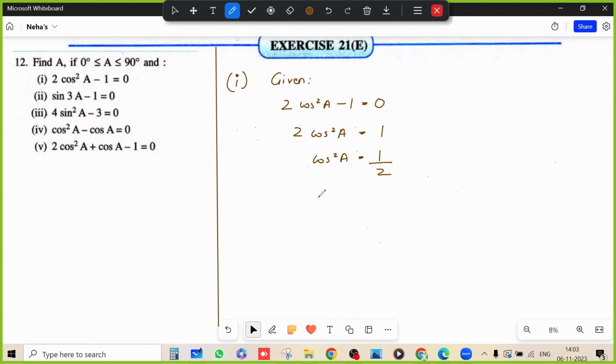We'll take the square root of both the sides. This will become cos a is equal to 1 by root 2, and we know that cos 45 degree is equal to 1 by root 2. That means a is equal to 45 degrees, and this is the answer of the first part.